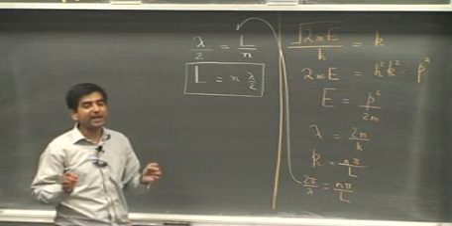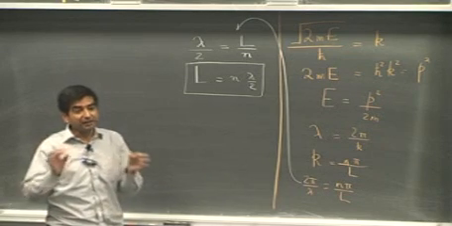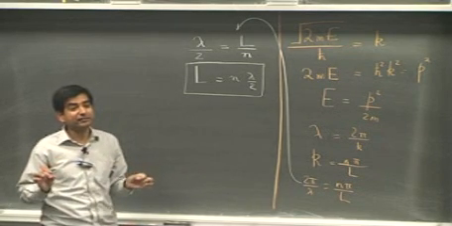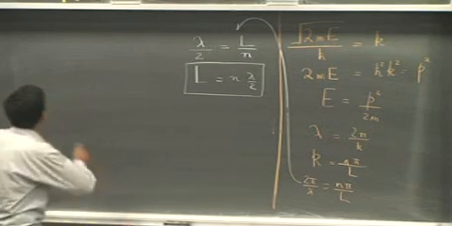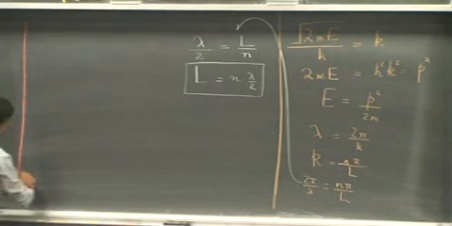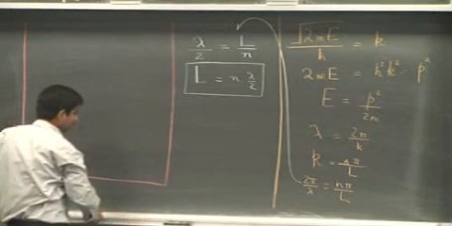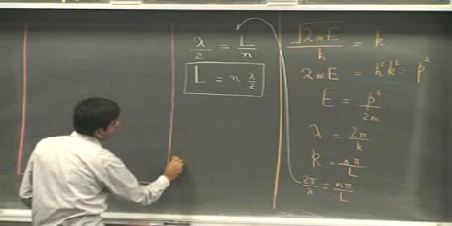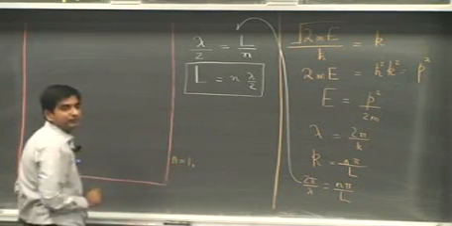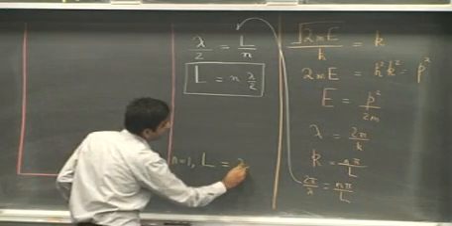So now what we really have is the matter wave, or the wave function, is in fact a standing wave inside the potential well. So if I redraw the potential well, for n equals 1, L equals lambda over 2.